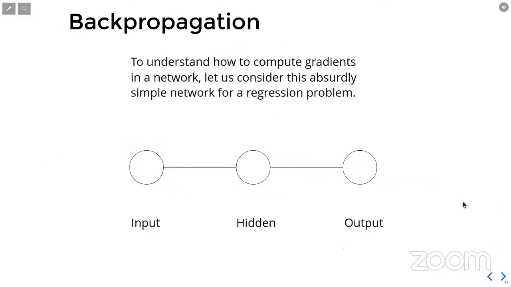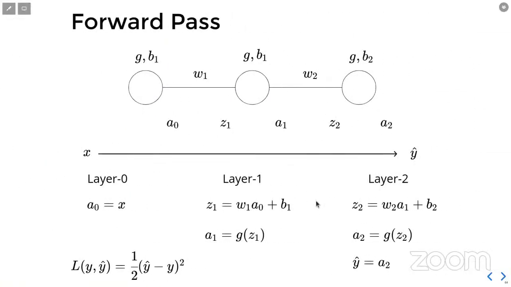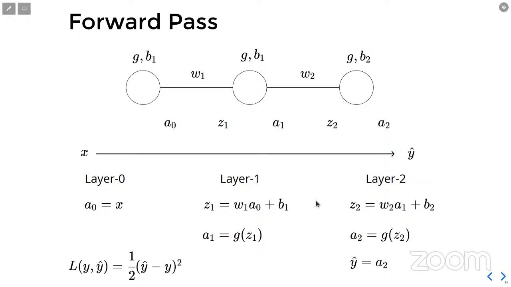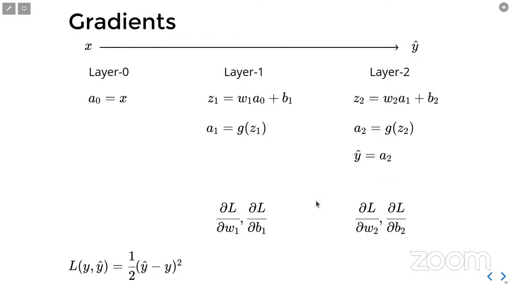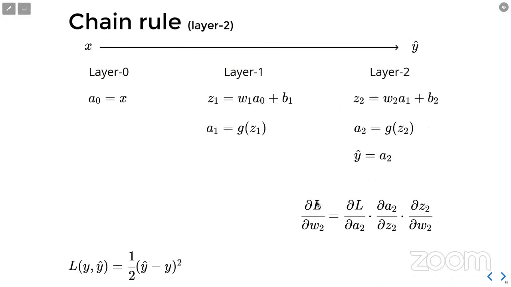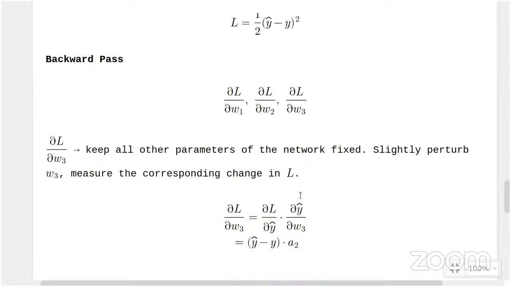Yeah, you are right. So let me go back to the slides. I think it's better to refer to it first and then explain it here. So what have we done here? We are kind of doing the same thing, but we are doing, as Kaushik said, dou L by dou A2 first. A2, Z2, Z2 is W2.